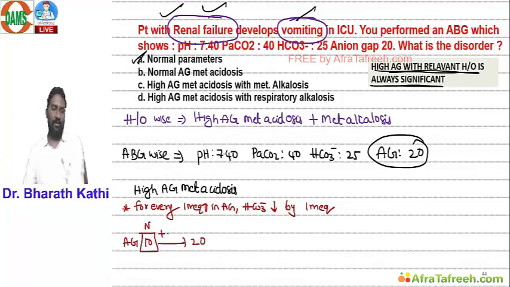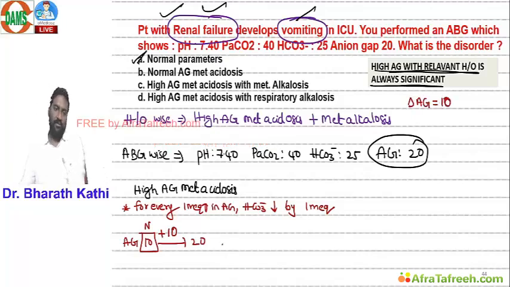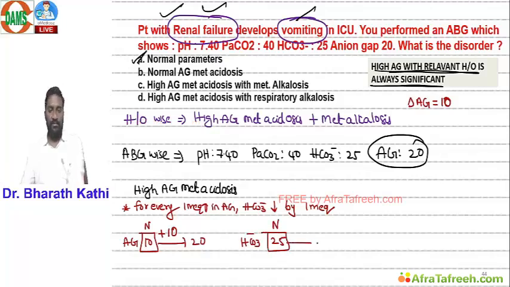It means it has increased by 10. So delta anion gap, the change in anion gap, is 10. In the same way, what should happen to bicarbonate? If you take normal bicarbonate as 25, if anion gap has increased by 10, bicarbonate should also decrease by 10. So it should have reached 15.